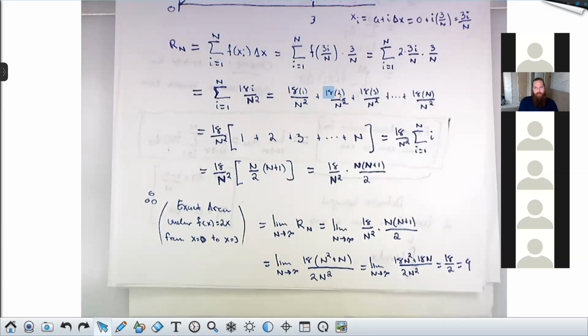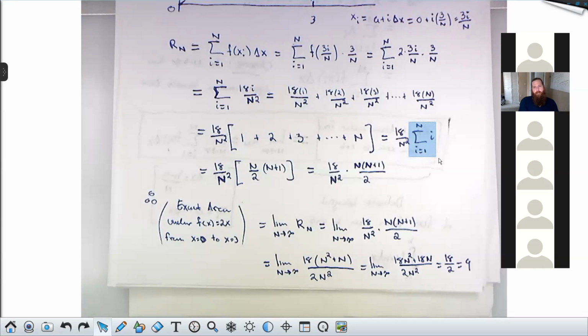Every term has an 18, so I can factor an 18 out. Every term has n squared downstairs, so I can factor 1 over n squared out. And what was left is just the stuff that didn't have that. So from the first term, I had the 1. From the second term, I had the 2. From the third term, I had the 3, and so on.